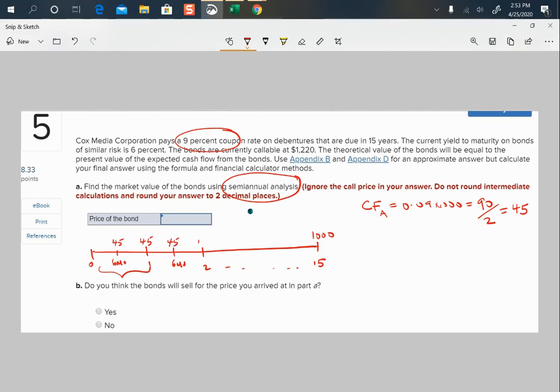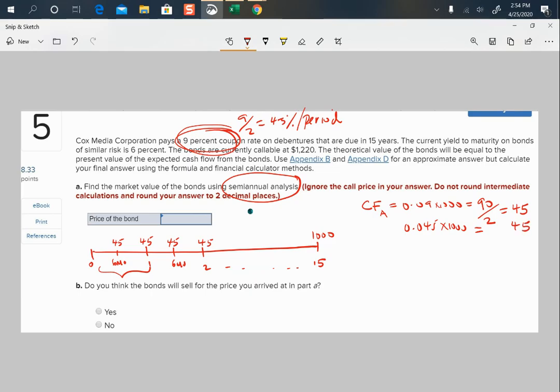The other way to determine that 45 is, this is a 9% coupon rate per year, and therefore per period it's 4.5% in terms of the coupon rate. So if you take 4.5% times 1,000, this will still give you the 45.